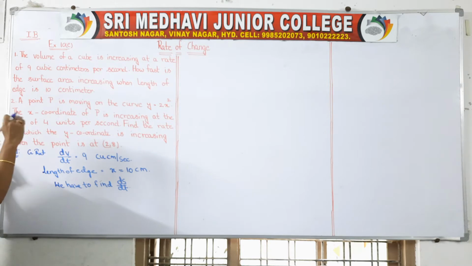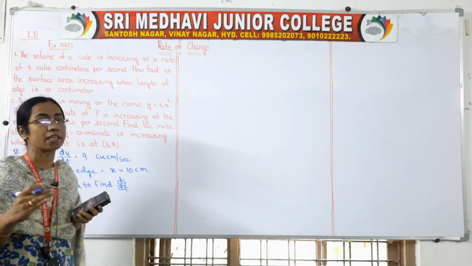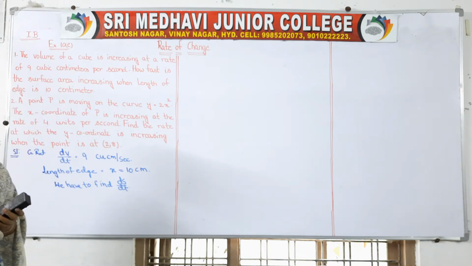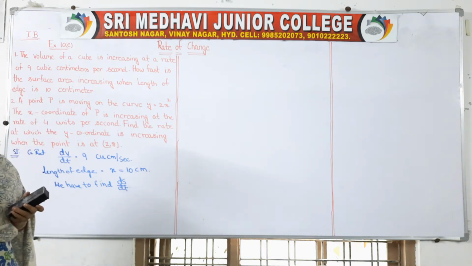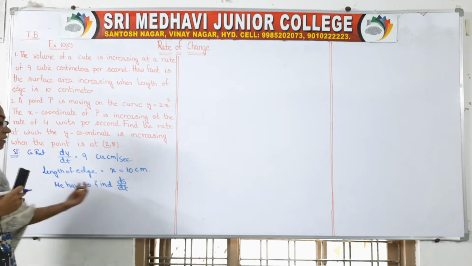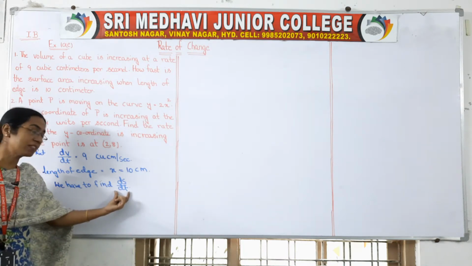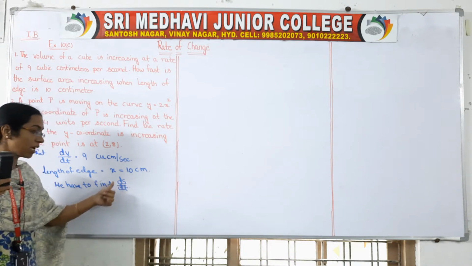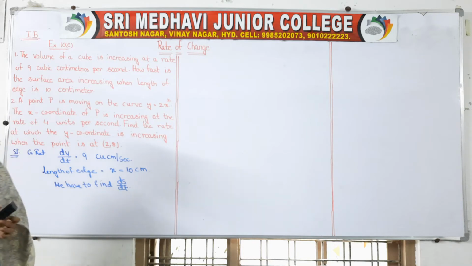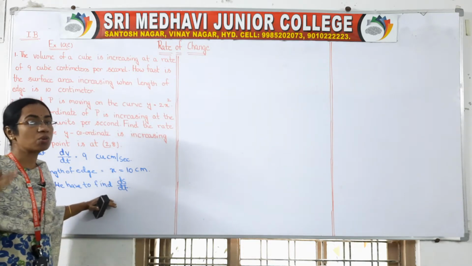So how fast is the surface area increasing? Increasing is nothing but d by dt, the derivative of that function with respect to t. Suppose surface area is denoted by S, then we have to find the dS by dt value. What is the given information to us?